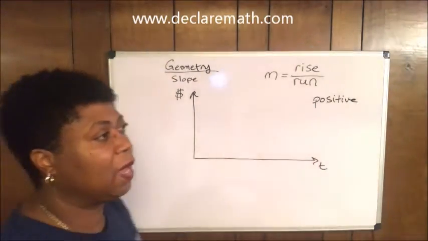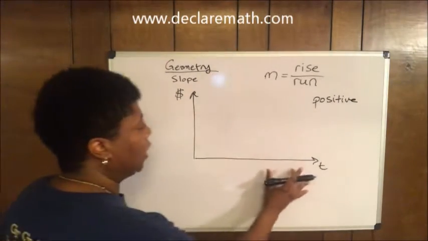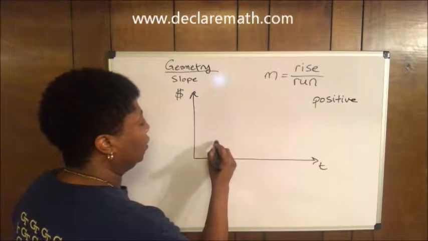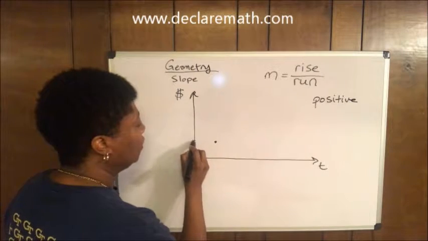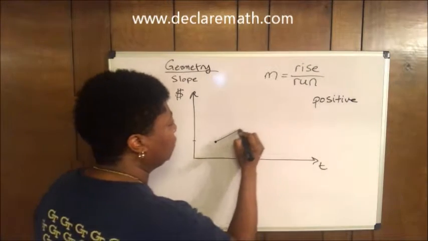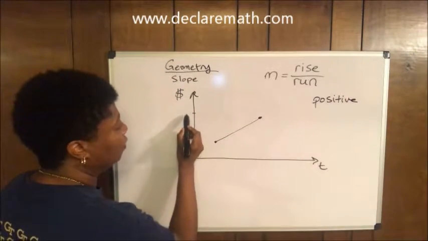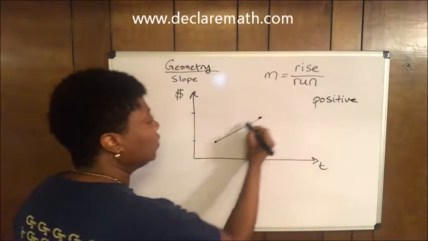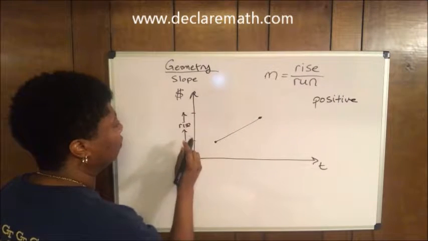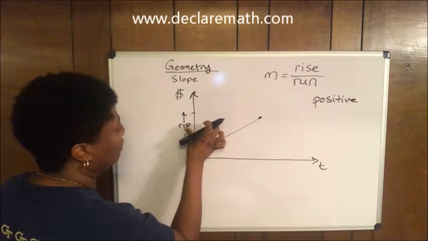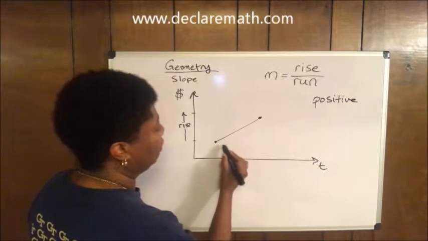What does it mean to have a positive slope? Positive in terms of money over time is going in an upward direction. If you start off at any point, and let's say you have this much money, and you increase your value in any way, in other words, this is going to go up, this is what we call a positive slope. This distance here is your rise, and this direction would be your run.